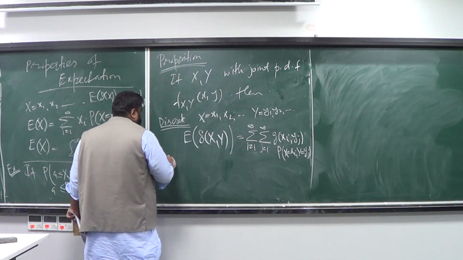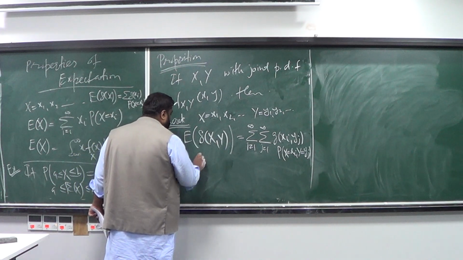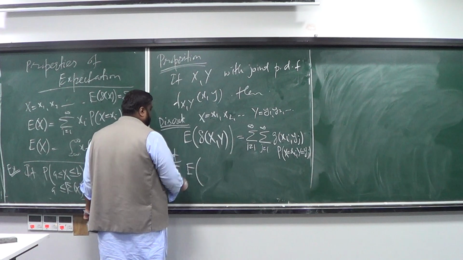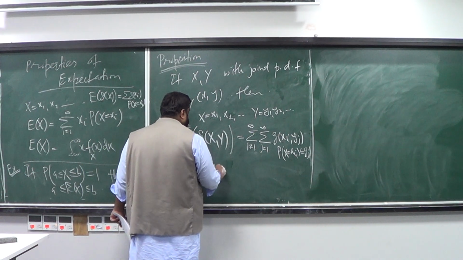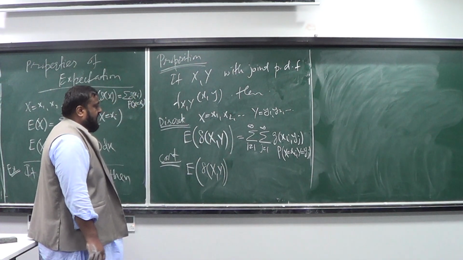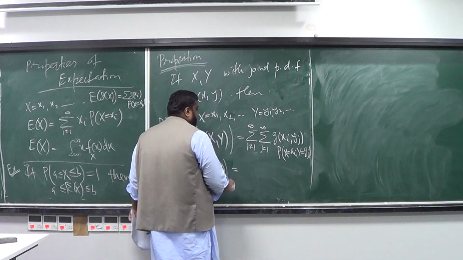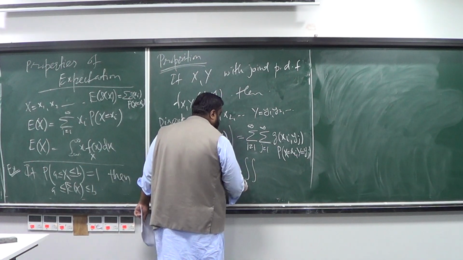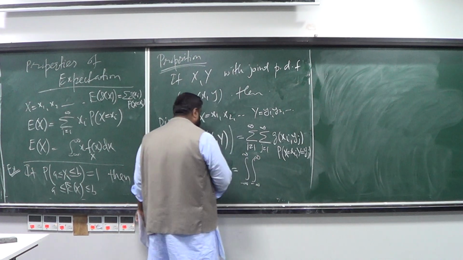How about the continuous case? In other words, when x and y are continuous random variables, then the expectation of g of xy is going to be a double integral that goes from minus infinity to infinity, minus infinity to infinity.